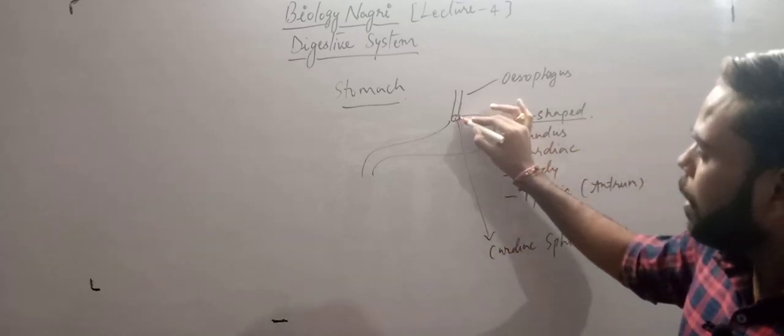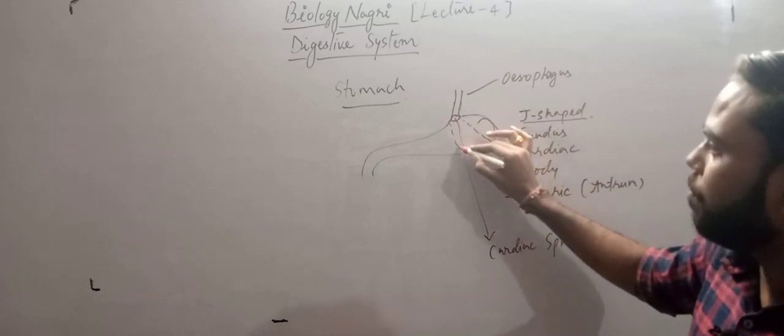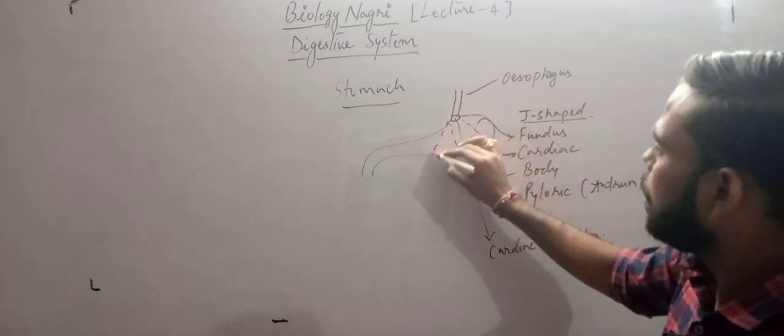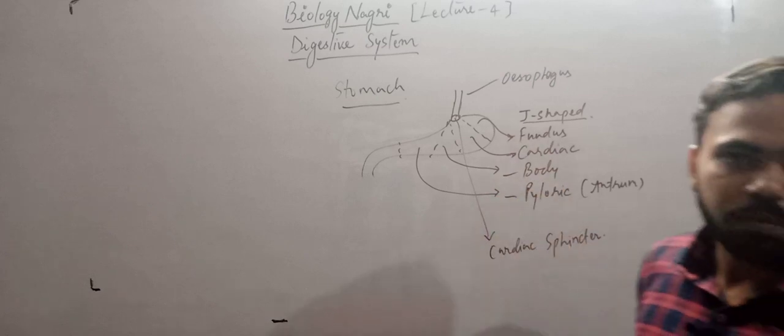Now, the first part here is the fundic part. The second part, in front of this cardiac sphincter, is the cardiac part. The third part is the body, and the last part is the pyloric part.